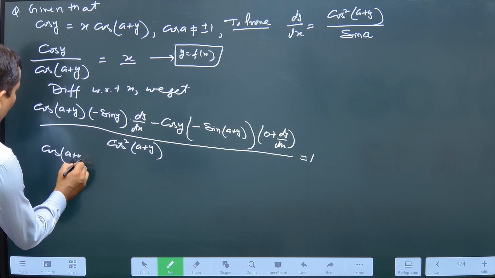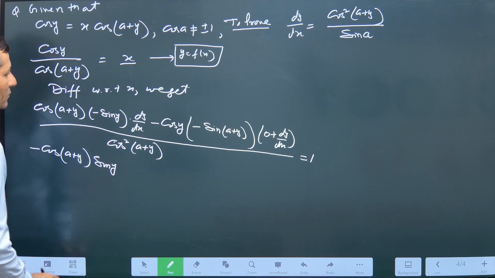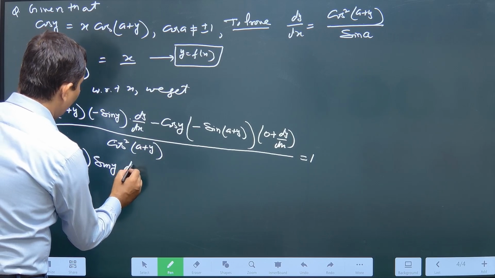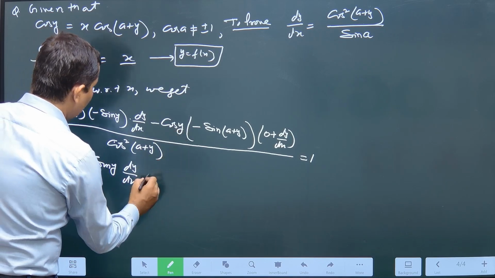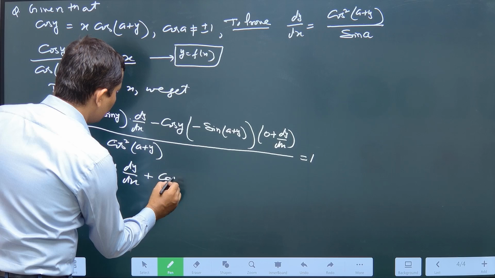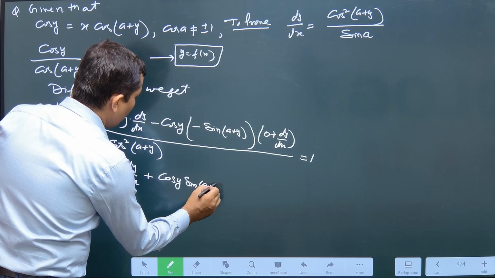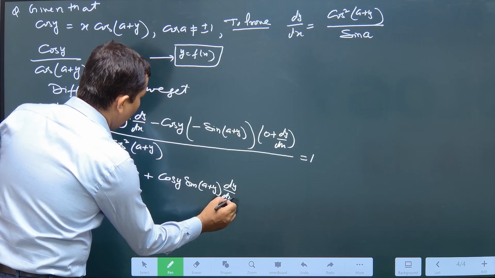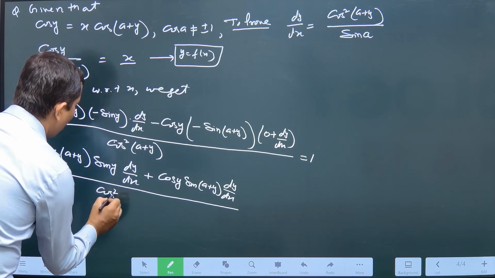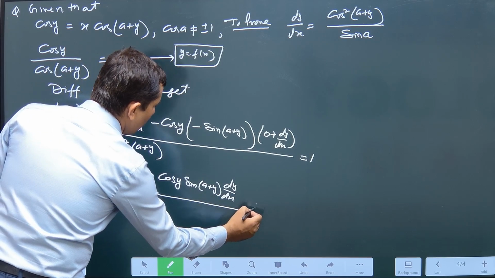Cos(a plus y), this minus come this and sin y, minus minus plus, and dy upon dx minus minus plus cos y and sin(a plus y) dy upon dx upon cos square(a plus y) is equal to 1.